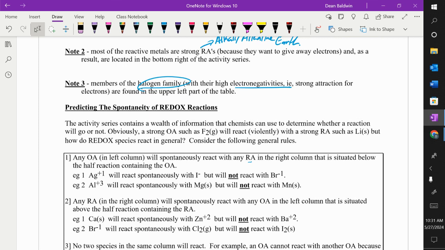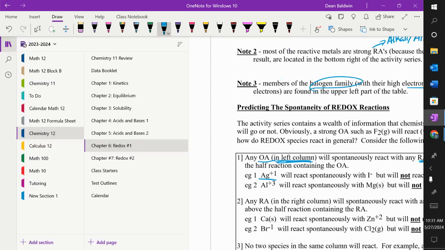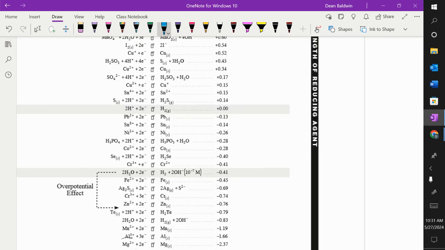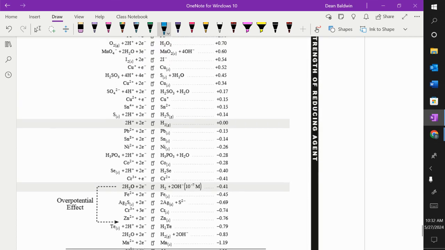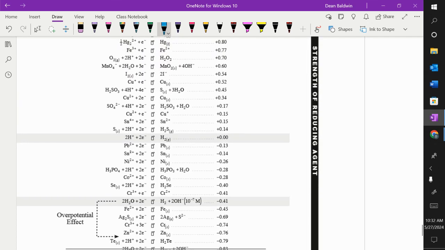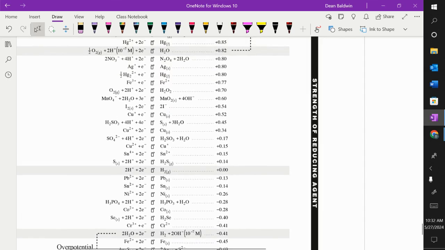So, for example, if we have silver, any oxidizing agent, i.e. the left column, will spontaneously react with any reducing agent in the right column that is below. So if we have silver, there's silver.